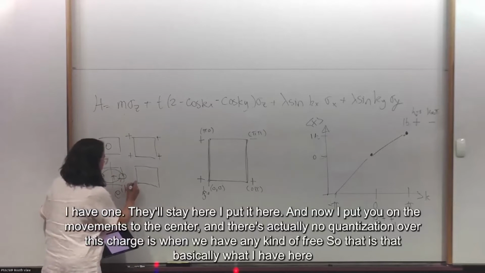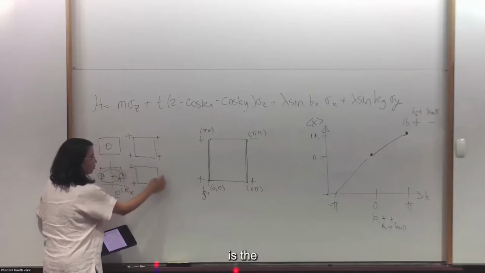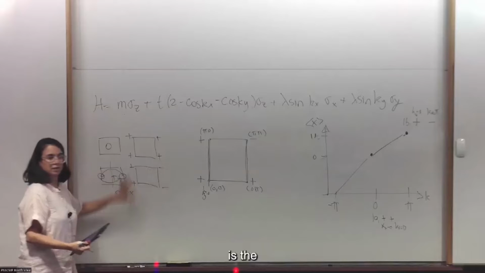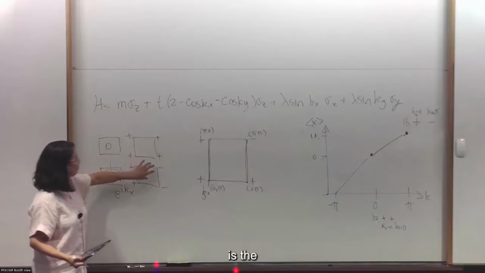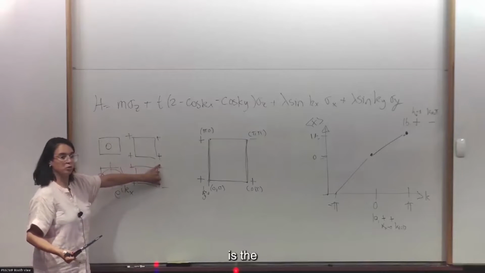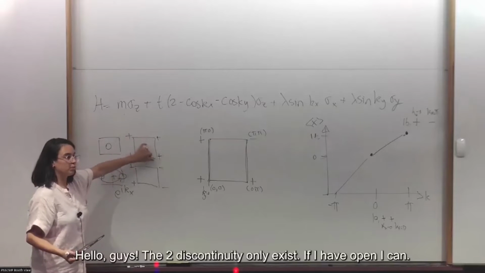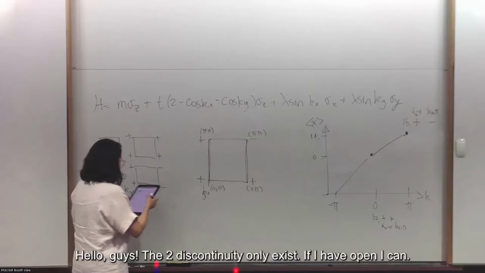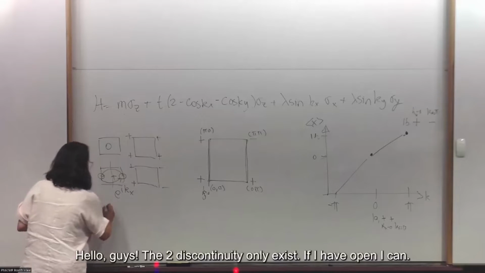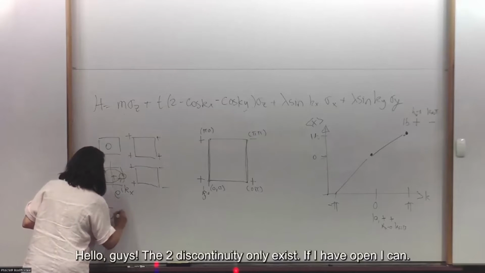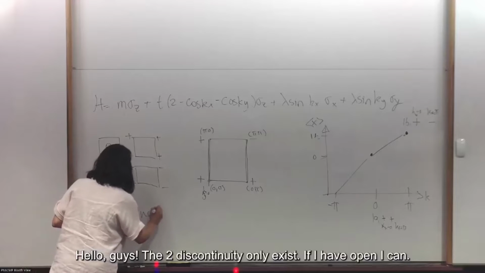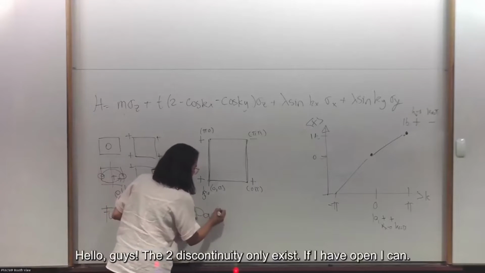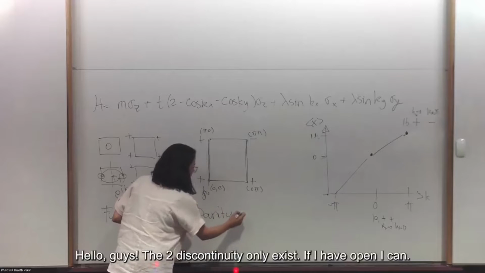That would swap these two signs, so I have plus, minus, and you can continue doing that, but every time you swap two signs, so the total parity is always going to be fixed. And that is actually the entire idea of Fu-Kane, which is basically the parity index, the parity criterion.